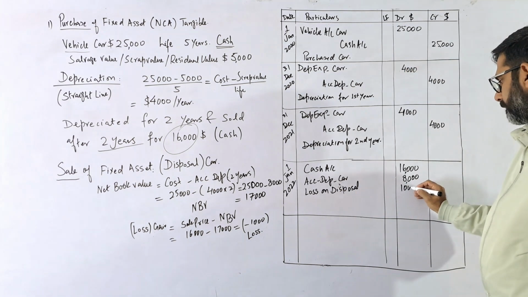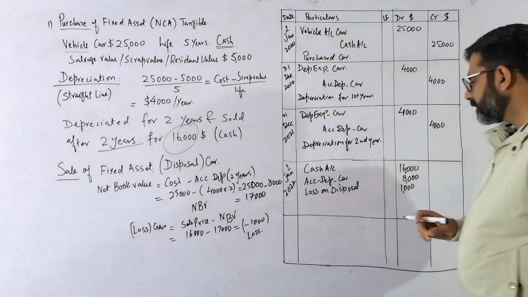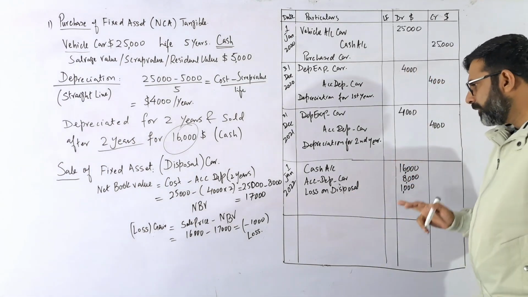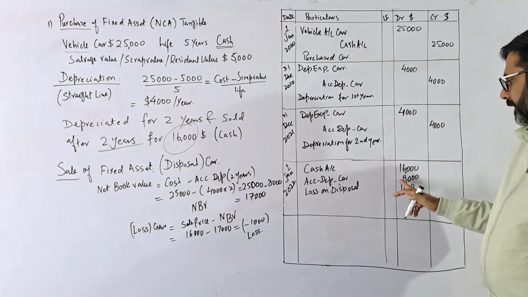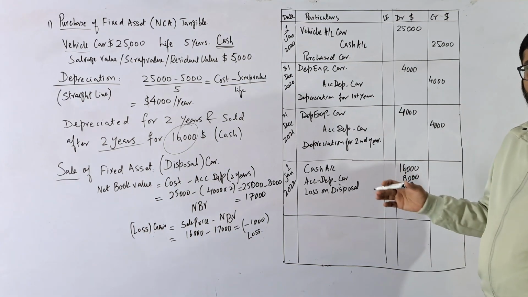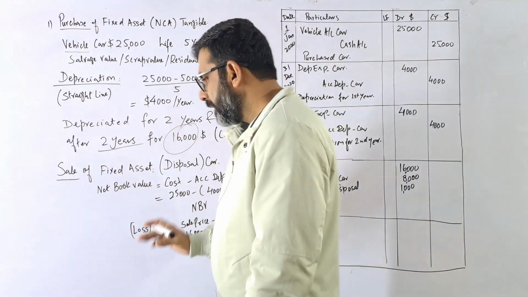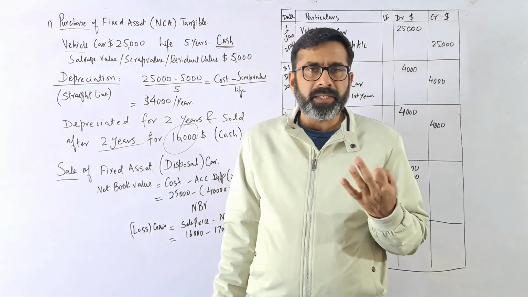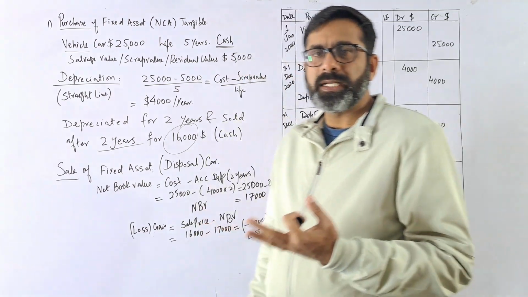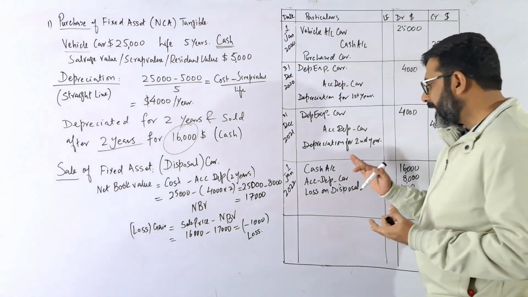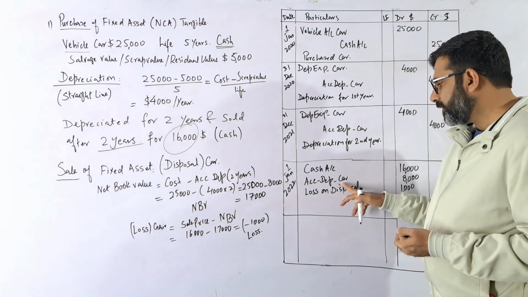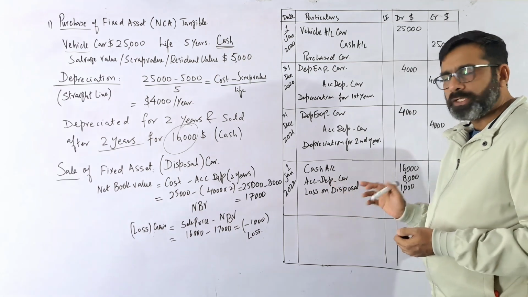That is 1,000. So if you see here, we have 16,000 here, 8,000 and 1,000. So total is how much? That is 25,000. Now we have a debit side. There are three accounts affected on the debit side: the cash account, accumulated depreciation account, and the loss on the disposal account.